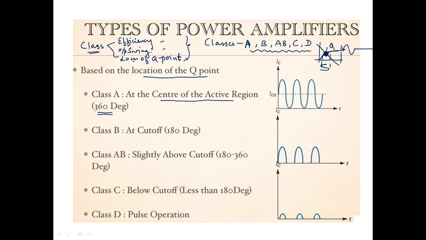Positive cycle 180 degrees, then negative cycle 180 degrees, altogether it is 360 degrees. So this value mentioned in the bracket is the output swing. So the Q point for class A amplifier is at the center of the active region.